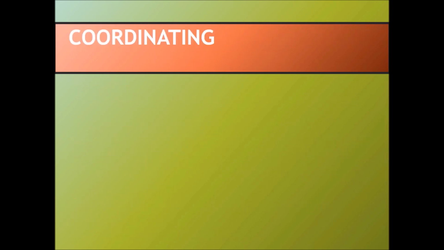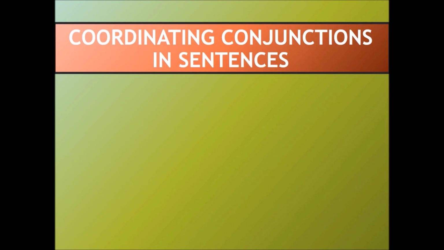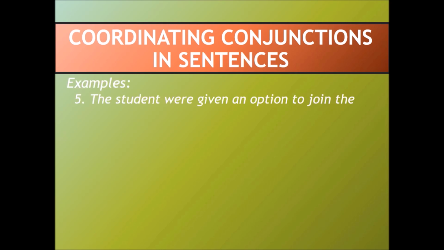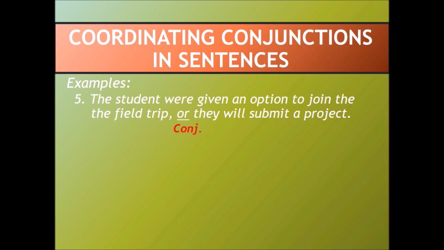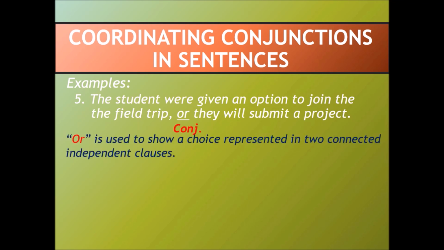Let's continue using coordinating conjunctions in sentences. Example, the fifth one, the students were given an option to join the field trip or they will submit a project. Or is a conjunction, wherein or is used to show a choice represented in two connected independent clauses.